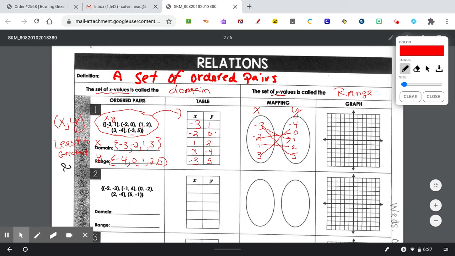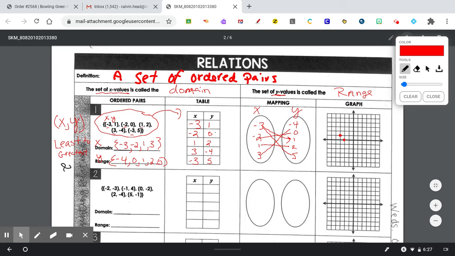And then the last thing you would do is graph the ordered pairs. Our first one is -3, 1. Remember, start at the origin. I'll go over to the left 1, 2, 3, and up 1. There's one point. Then -2, 0: go over to the left 1, 2, and put it right there on the axis.